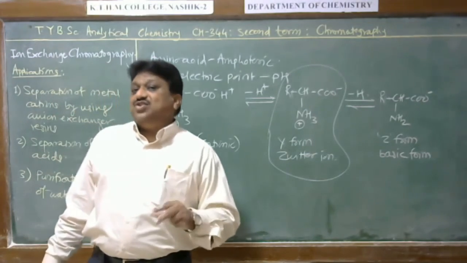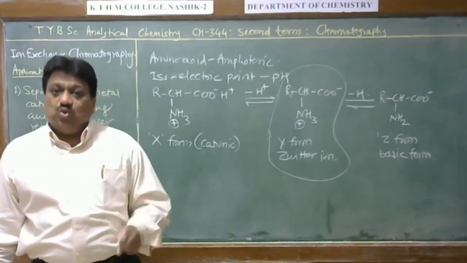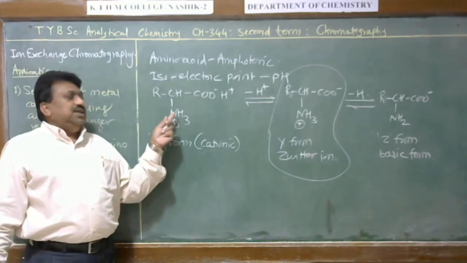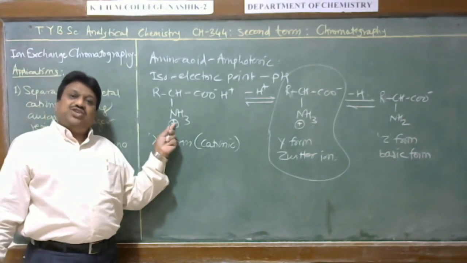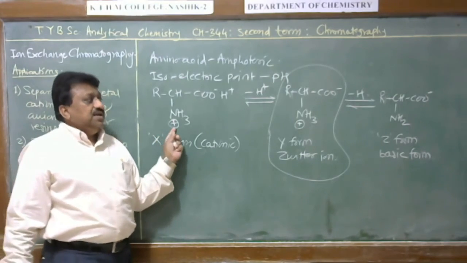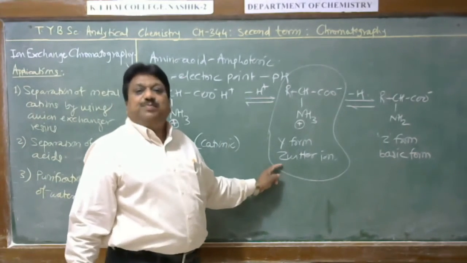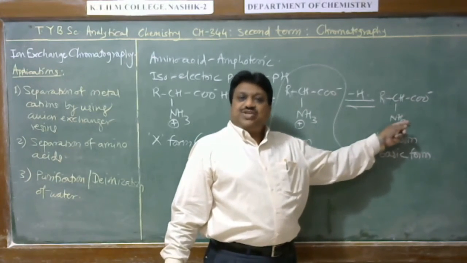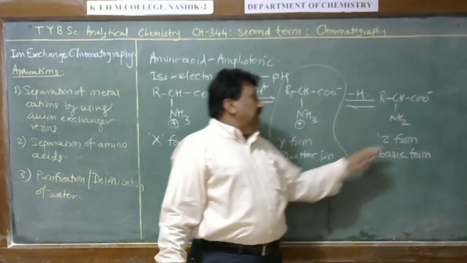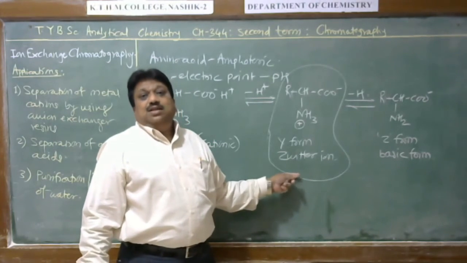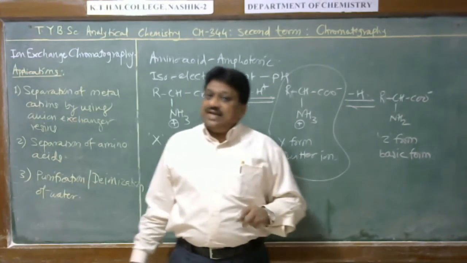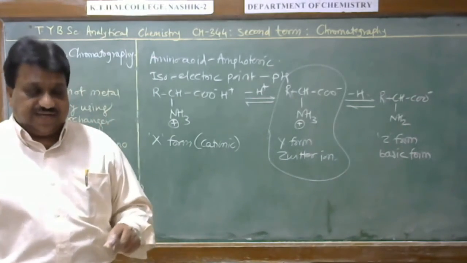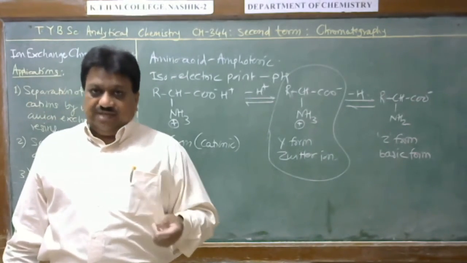If we pass a mixture of such 3 amino acids first through a cation exchanger resin, then the cationic form is exchanged on the cation exchanger resin. Then if we pass the same solution through an anion exchanger resin, the anionic form will be exchanged on the anion exchanger resin, and finally the zwitter ion form, which cannot be exchanged on either resin, will be directly given out.